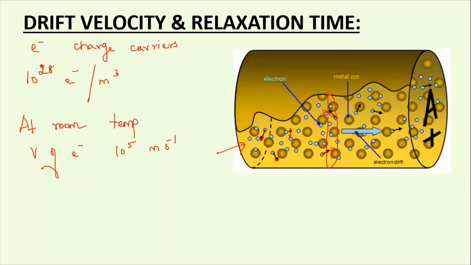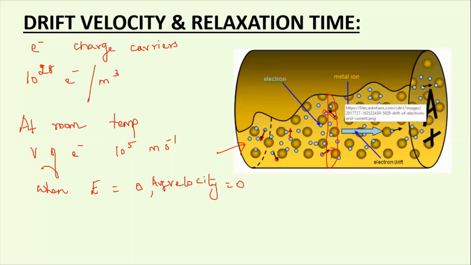As a result, the average velocity of the electrons when there is no current flow, that is when E is equal to 0, when there is no electric field, the average velocity will be equal to 0. Okay. So this is what is represented in this diagram.